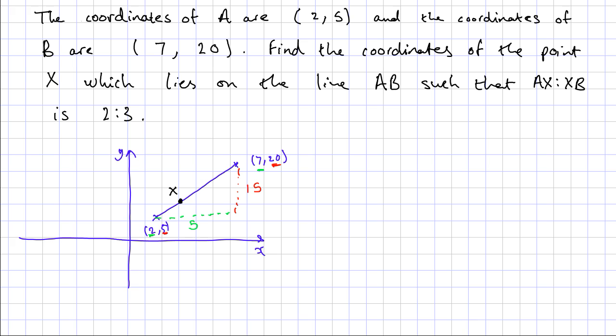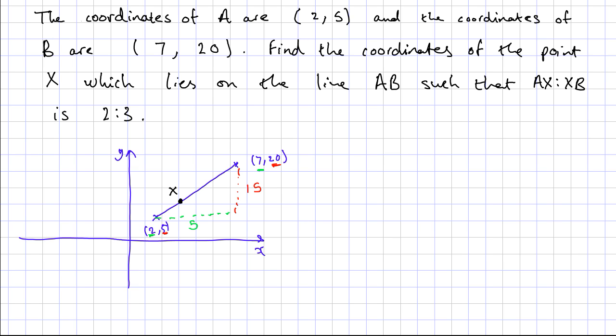Okay, so to find the X coordinate here, I need to take the X coordinate here and add 2/5 of this. And to find the Y coordinate here, I need to take the Y coordinate here and add 2/5 of this. So let's do that.